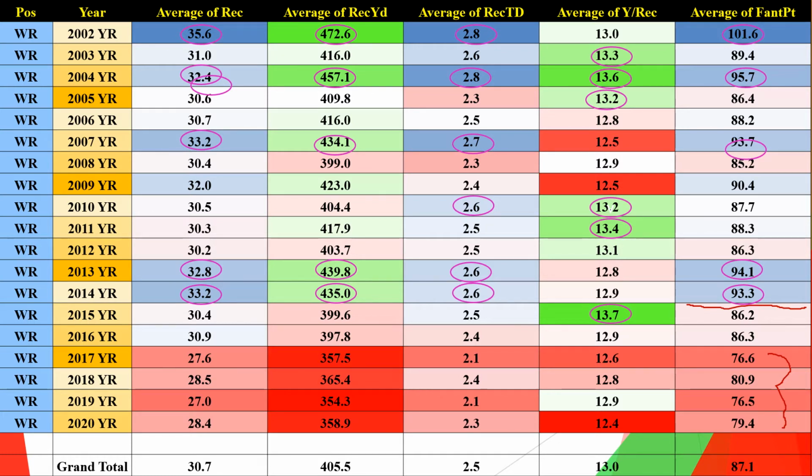I probably should check that. There are ways to check that. Not going to do that right now, but we just need to know this is the area we're at. We'll certainly look at the top 25%, the more viable wide receivers, and see what the trends are. But certainly not very encouraging overall.